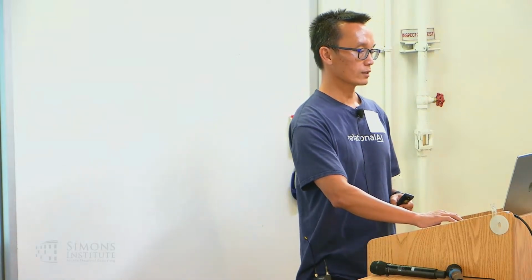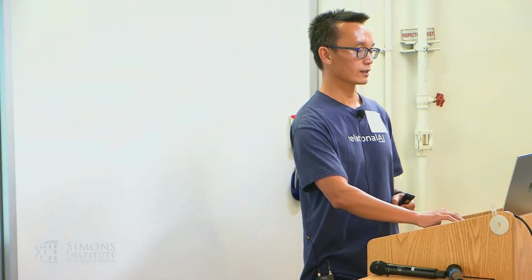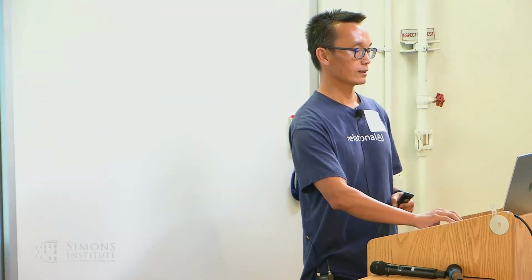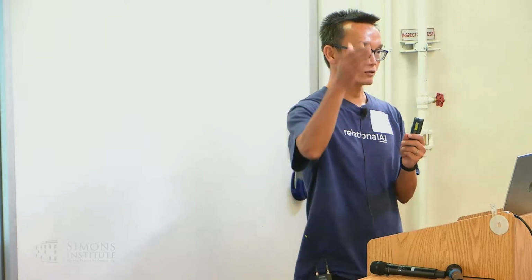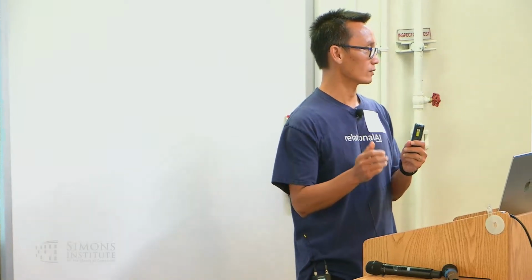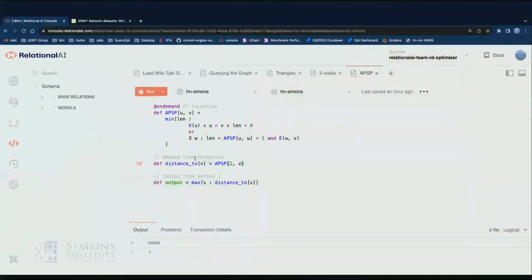Usually they're interested in something very specific about this query. So you could ask a query, let's say I want to query from vertex number 2, what is the shortest path length to all of the rest of the graph? Okay? So this would be the single source shortest path problem.